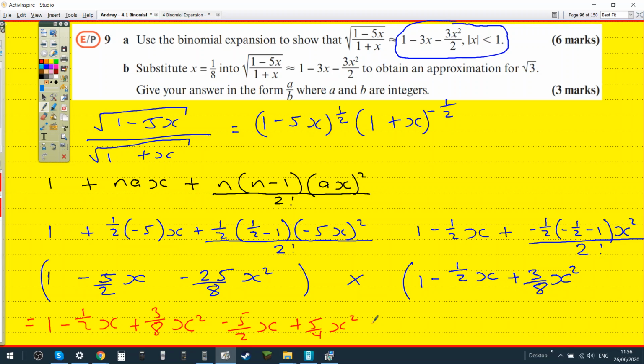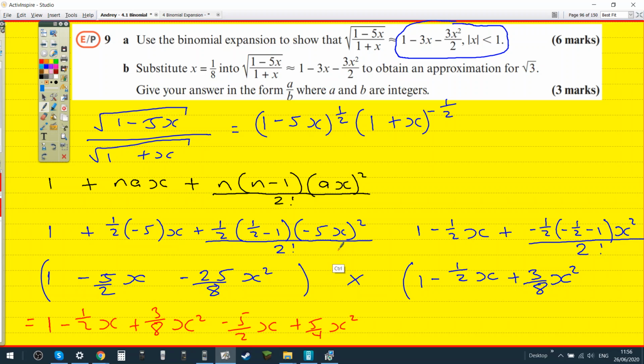Times minus 5. No, sorry, minus 5, minus 15 over 16. Sorry, minus 15 over 16. Were you getting 15 over 16? Minus 5 over 2 times 3 over 8. That'll give you x cubed.